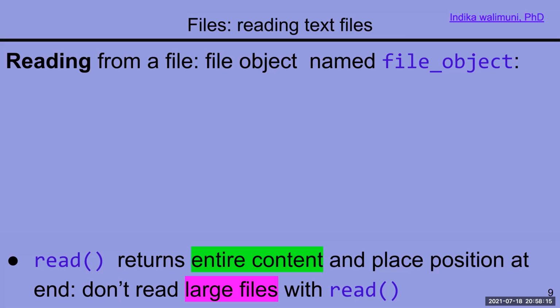So be careful when you use read without an argument to read an entire text file. Let's learn then how we can read a line at a time or a fraction at a time from a file. But before that, we're going to test on this.